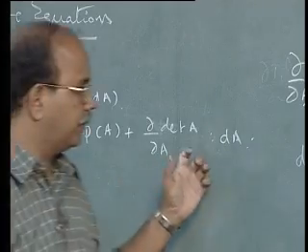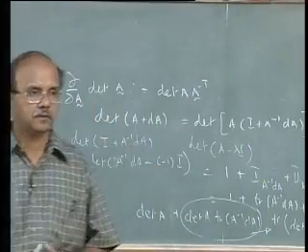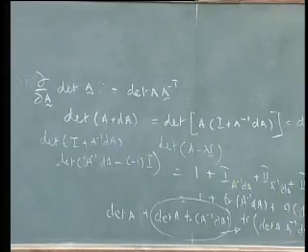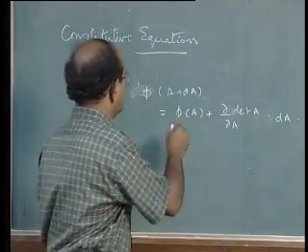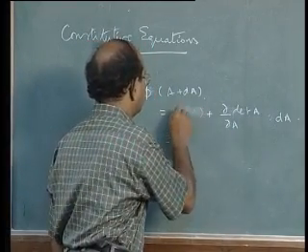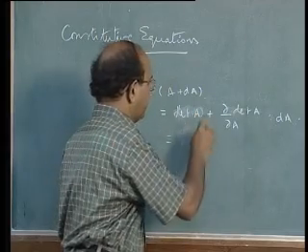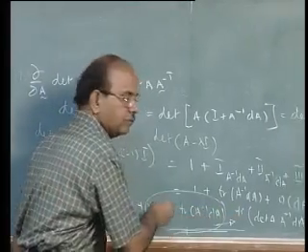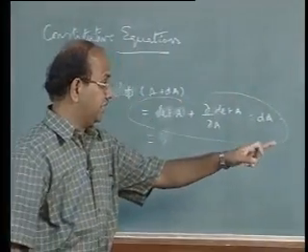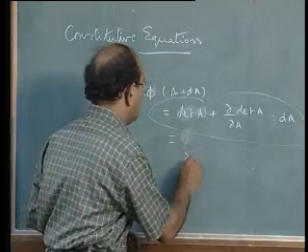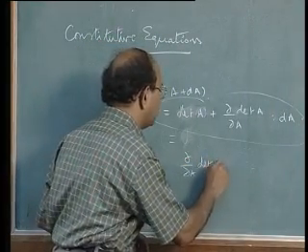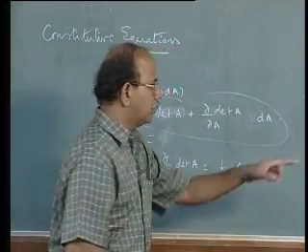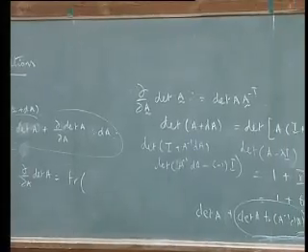Now let's compare this and that. Simple, this becomes the determinant of A. Compare this expression with this expression. The second expression is what we are interested in. So dou by dou A of the determinant of A is equal to the trace of the determinant of A inverse dA.